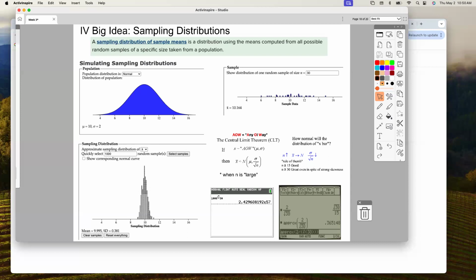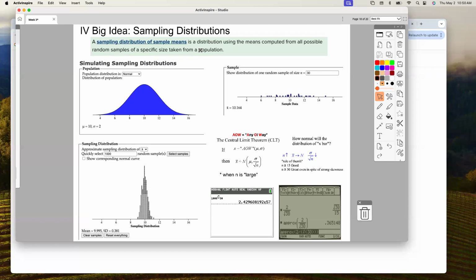Now, that probably didn't make a lot of sense to you, but hopefully we'll be able to refer back to that in the future, when you start putting all these pieces together to do some of these problems as we move through the course. But let's just focus right now on this idea of sampling distributions and know that it's going to be a foundation for what we're going to do in the future.